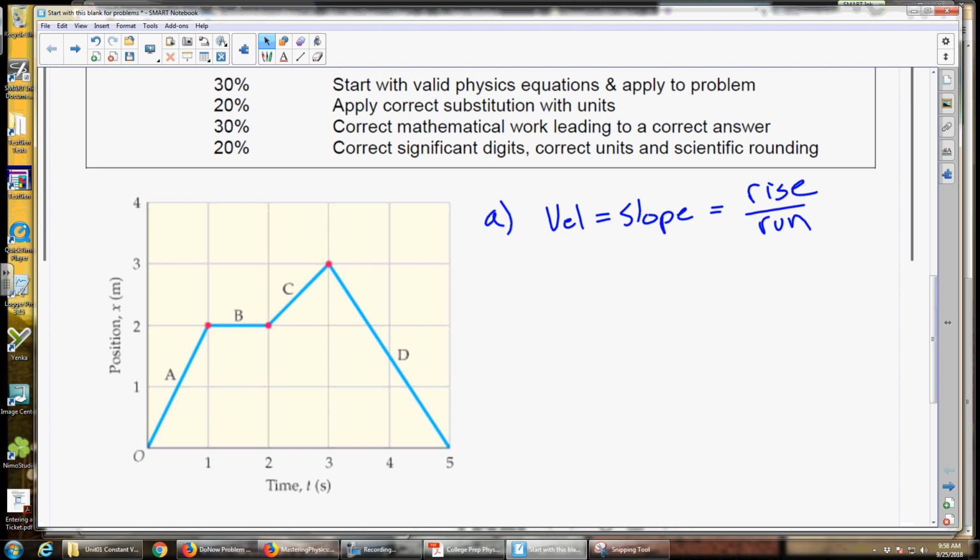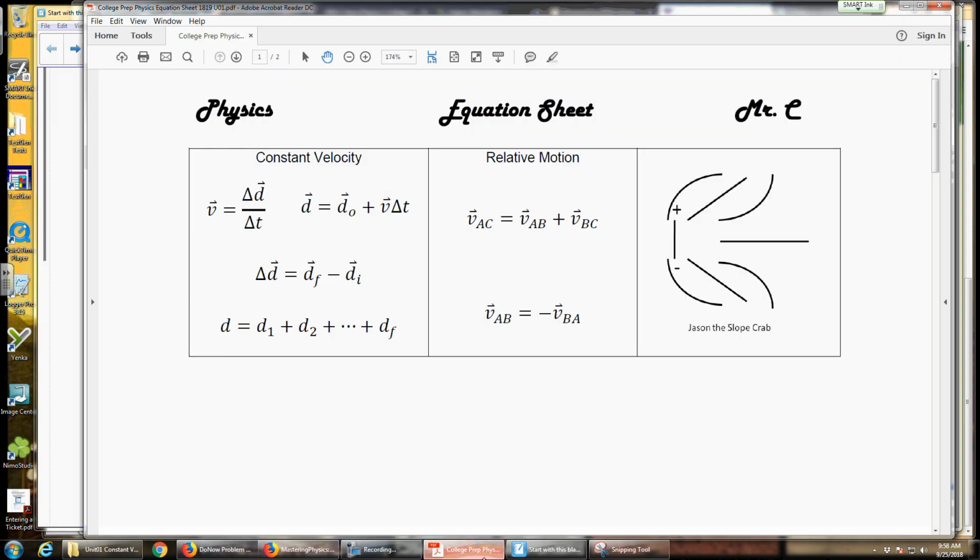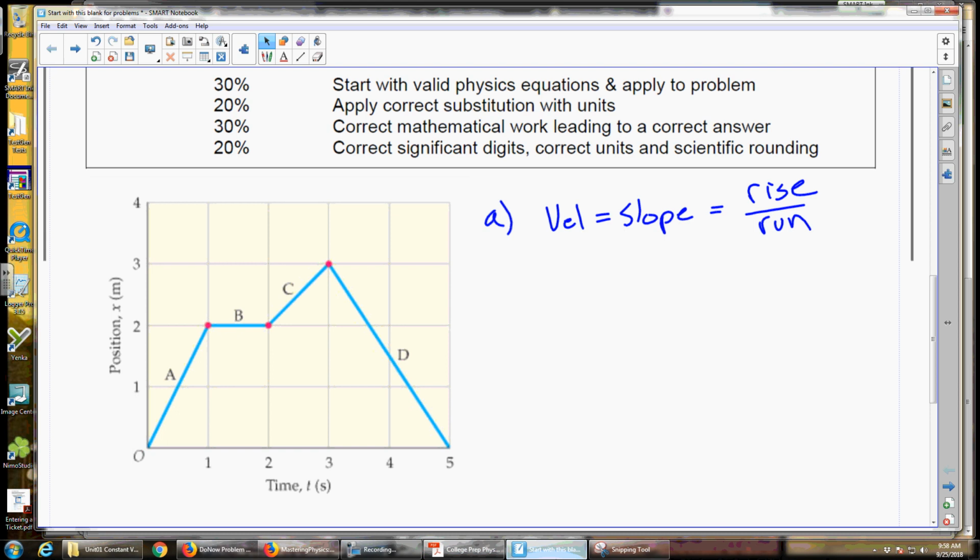This actually I would count if I was evaluating this as a valid physics equation. But if you wanted to go to the equation sheet, it would be this one right here where the velocity is the displacement over time. So I'll put that one in there too. Velocity equals delta D, which is the rise over delta T, which is the run.